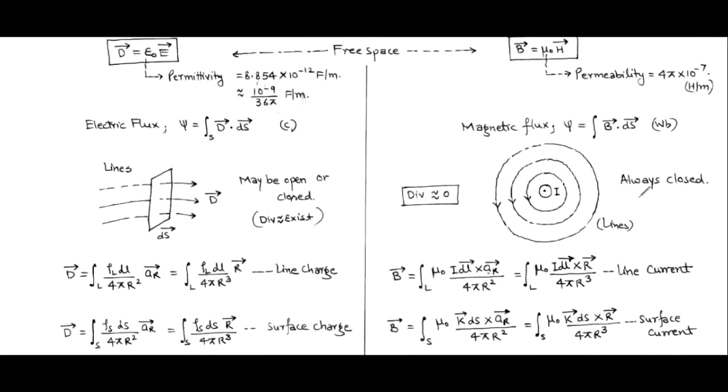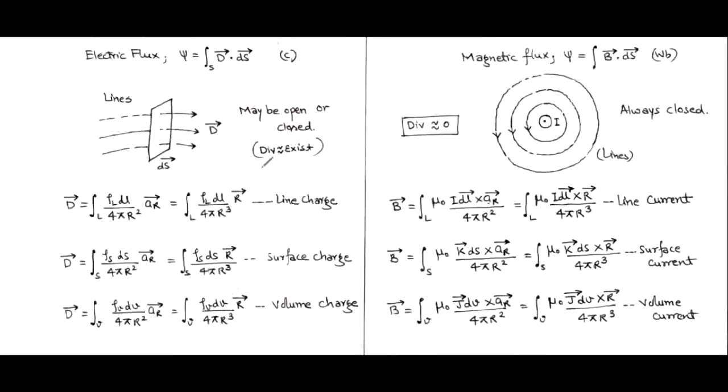Now we represent electric flux lines. Electric flux lines cross the differential surface ds, and that is denoted by capital D vector, called electric flux density. So after taking a dot product of D vector and ds vector, we get an electric flux. The electric flux lines may be open or closed, so there exists a divergence of capital D vector.